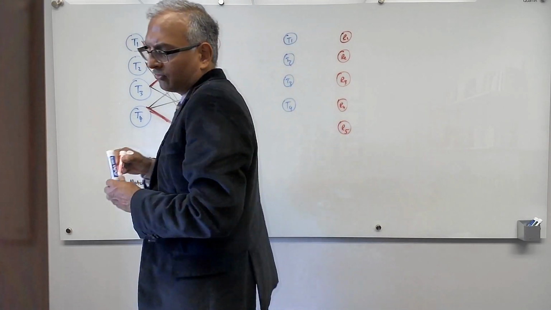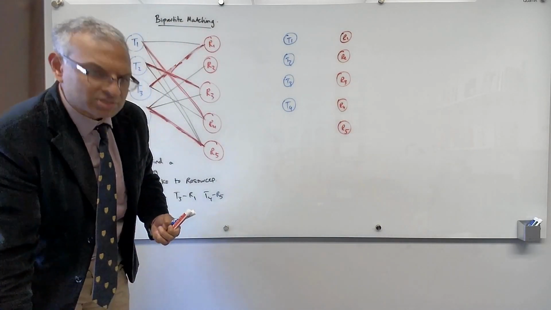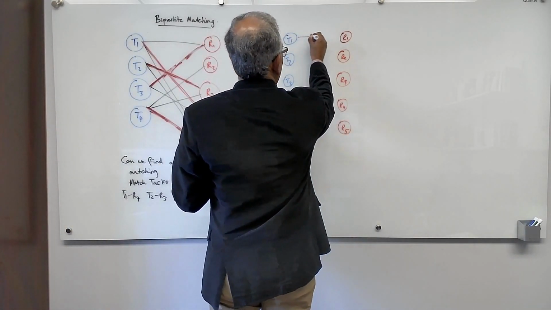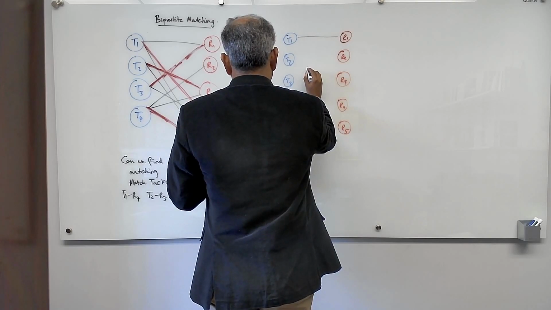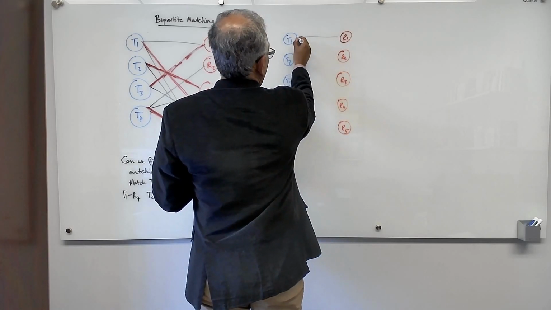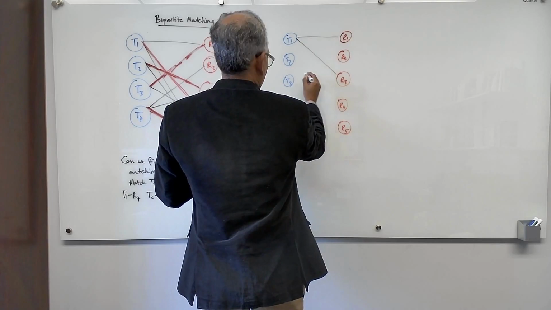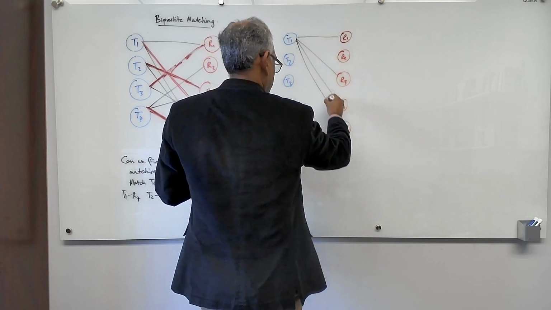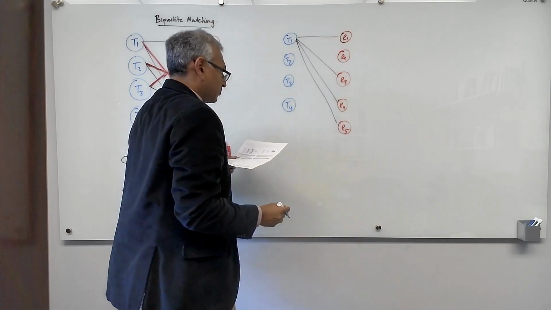Now let me show you for this example which resources can do which tasks. Task 1 can be done on 1, 3, 4, and 5. So many ways to do task 1.